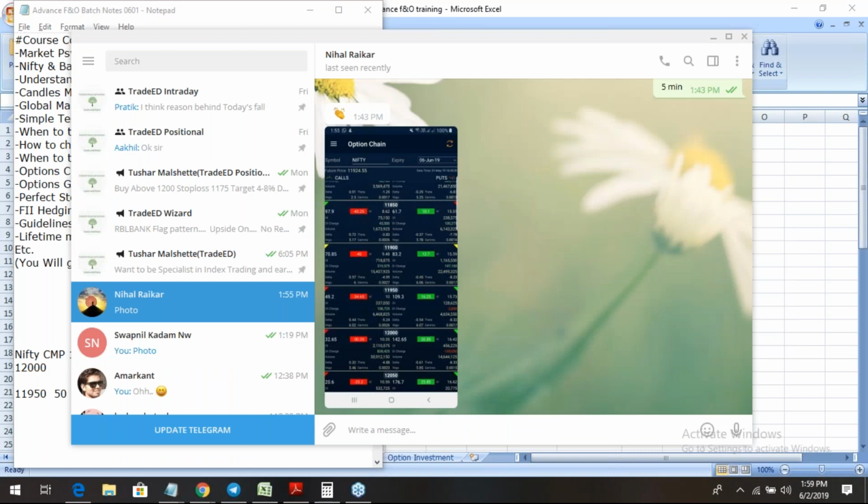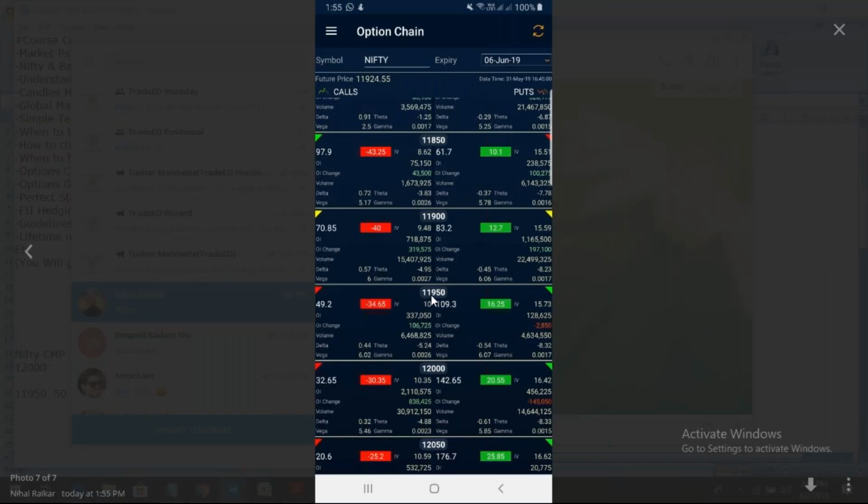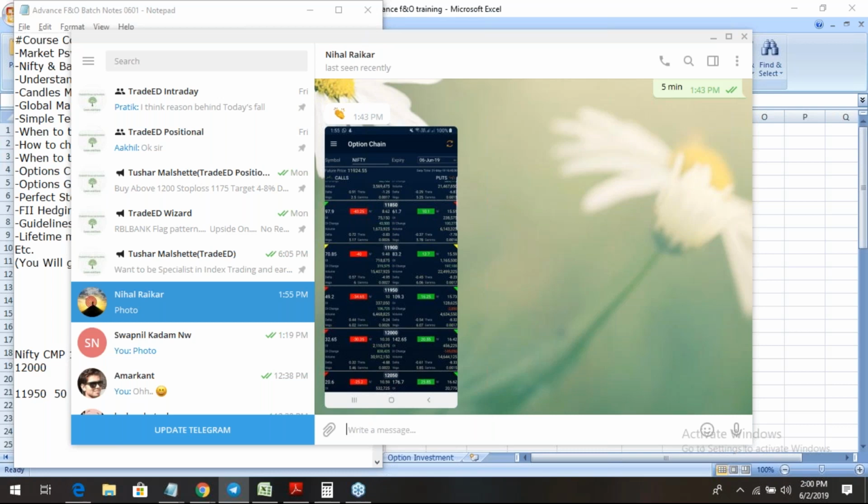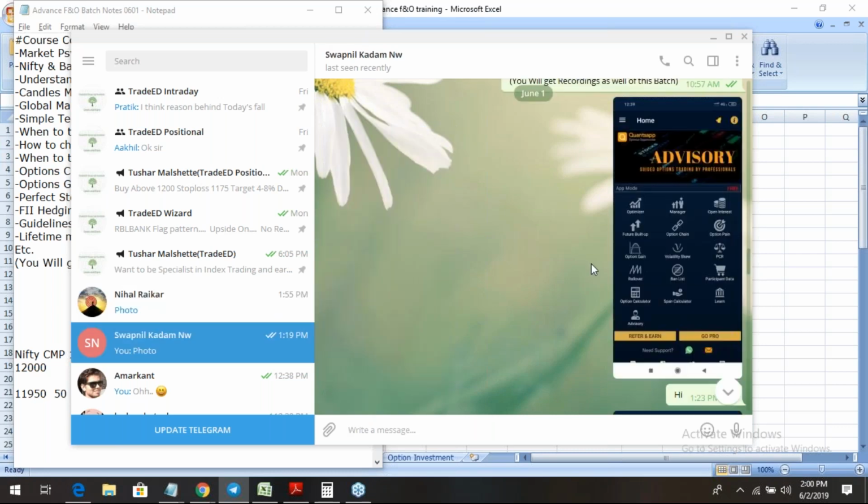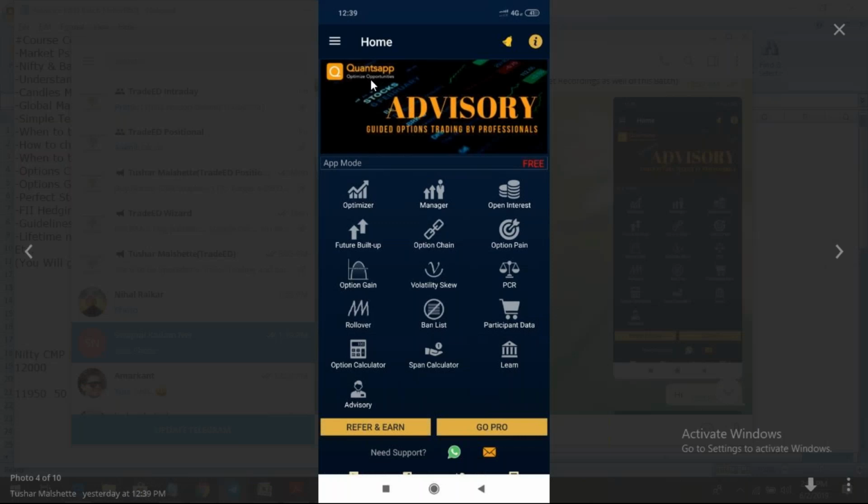The current value of delta for 11,950 is 0.44. Where are we checking this? We are checking this in the option chain, in the Concept application.